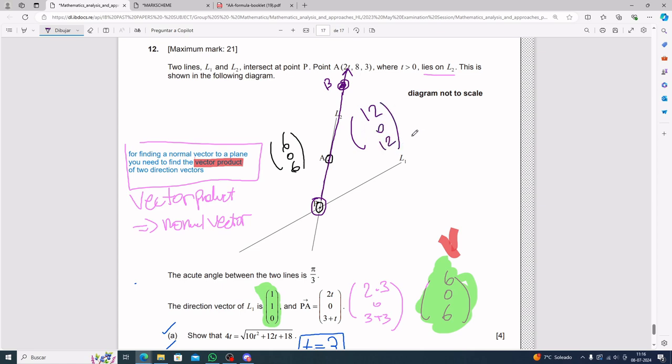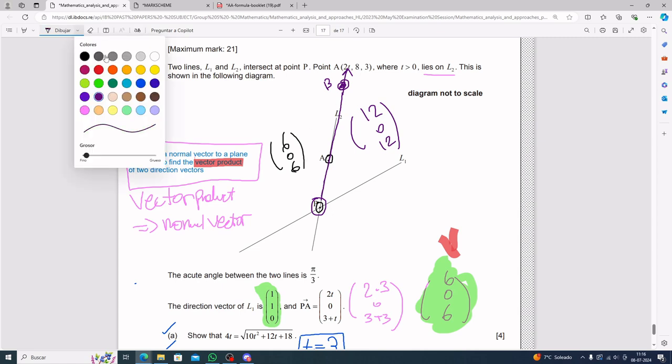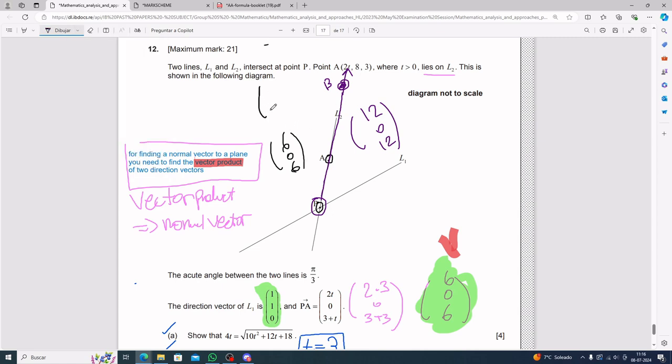These direction vectors are technically the same, because in proportion they're the same. This one, you can divide by 6 and end up with 1, 0, 1. This one, you can divide by 12 and end up with 1, 0, 1 as well.